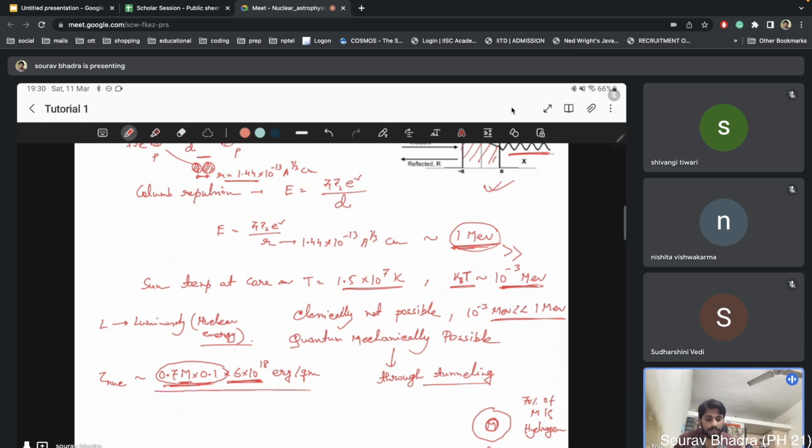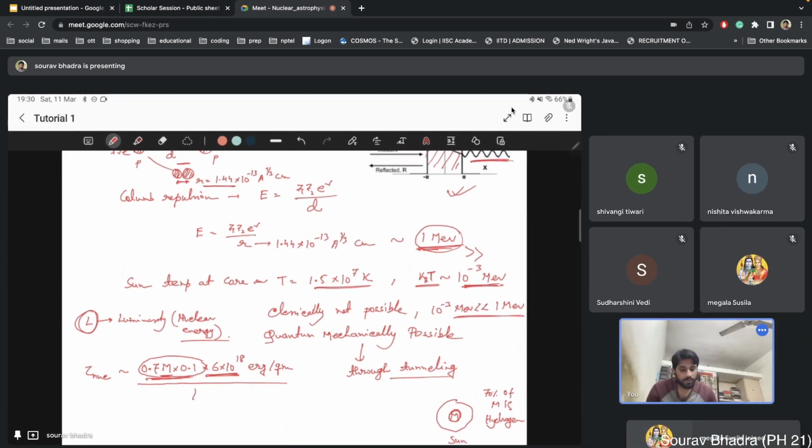And I told you that L is the luminosity coming out of the sun due to this nuclear energy. So it will be divided by L, because this will give you the time scale. L is roughly 3.8 times 10 to the power 33 erg per second for the sun. This is the solar luminosity, so the sun is radiating energy at this rate.